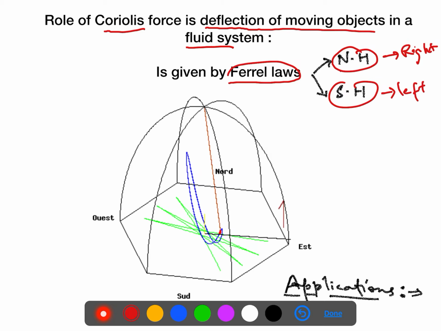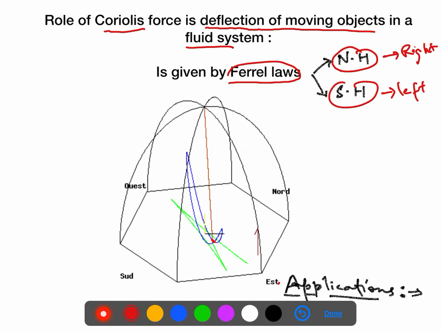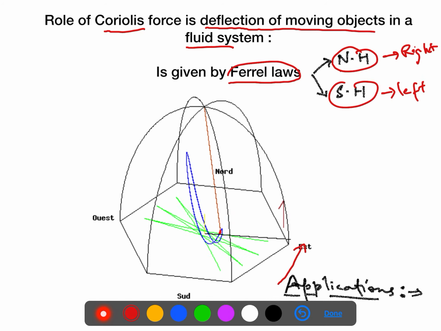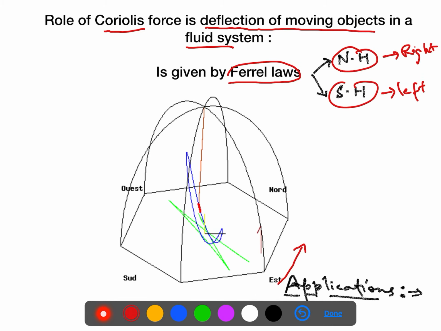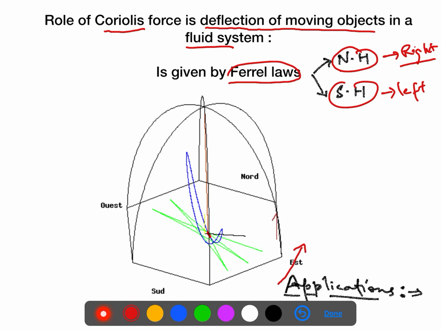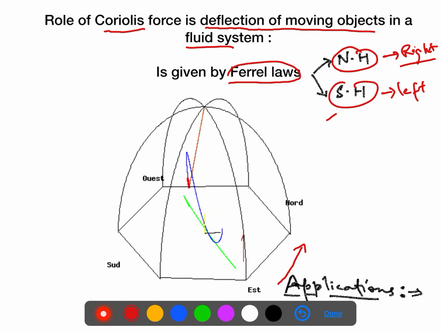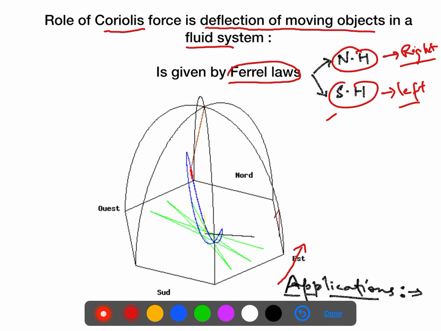How does it appear to be deflected? Just look at this diagram. Suppose the observer is here and the object is moving. For them, the Earth is spinning from west to east, in an anti-clockwise direction, so that object appears to be deflected towards the right. In the southern hemisphere the perspective of the observer gets reversed, so right becomes left for them.